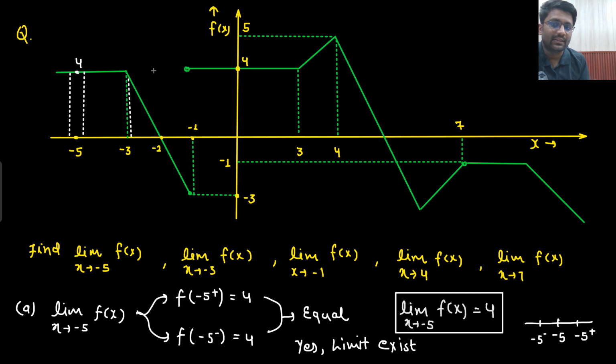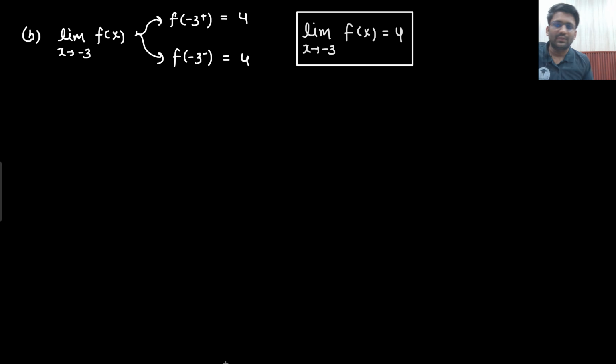The value is just below 4 or nearly equal to 4. And just before minus 3, it is equal to 4 only. So these values are equal to 4. So limit exists, and the value of the limit is nothing but 4. Understandable? So this is how you check.